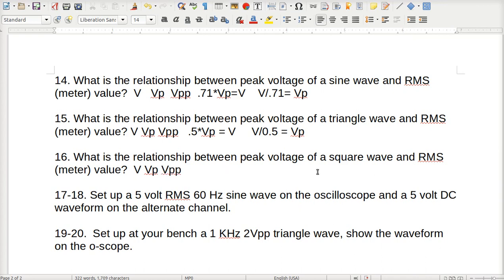And what you notice on a square wave is that it's the easiest of them all. My VP equals my V. In other words, my RMS equals my peak, or my peak equals my RMS, for a square wave only. For a triangle wave, it's half. For a sine wave, it's 71%, or square root of 2 over 2. Okay?